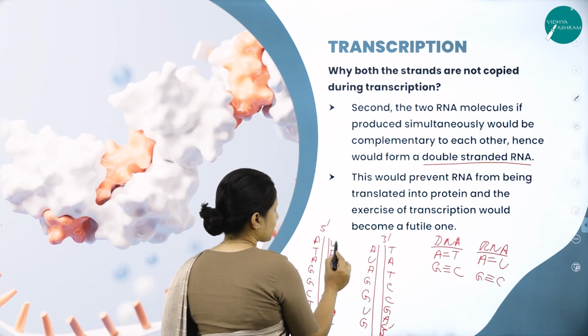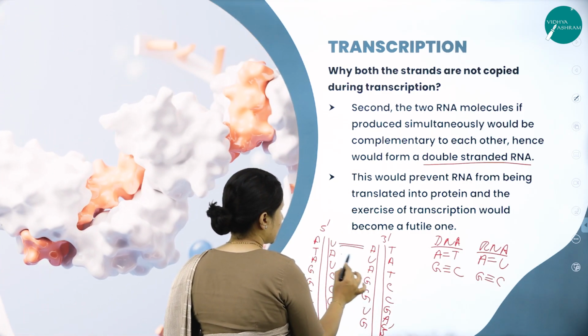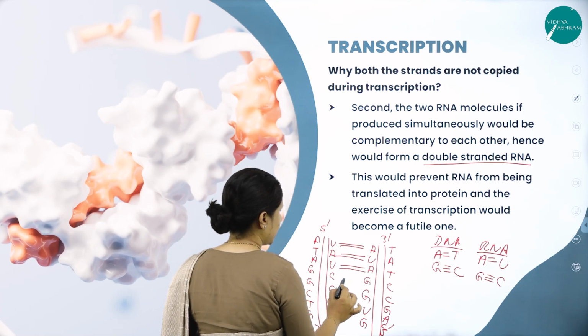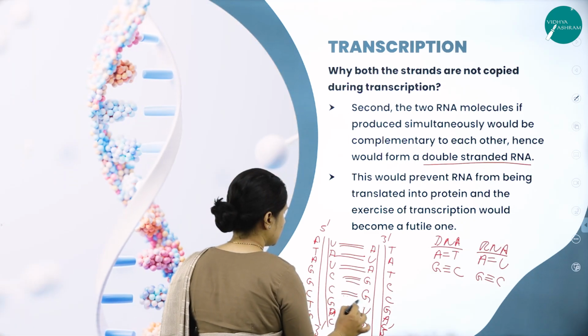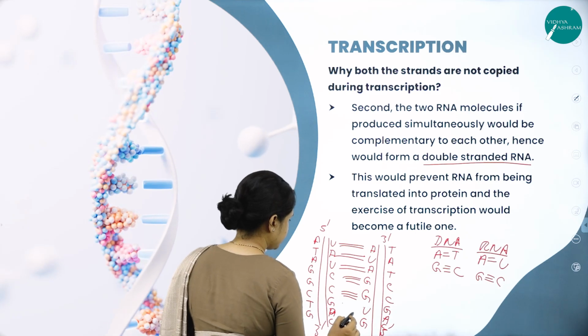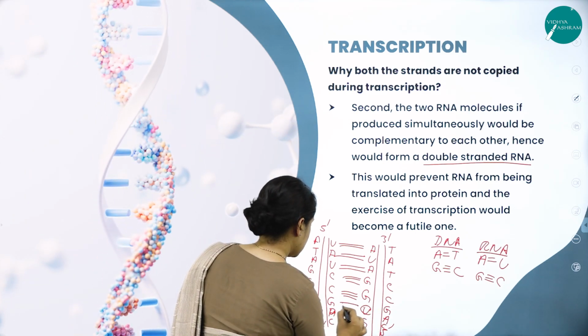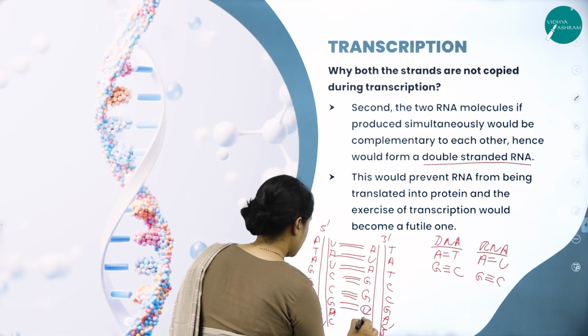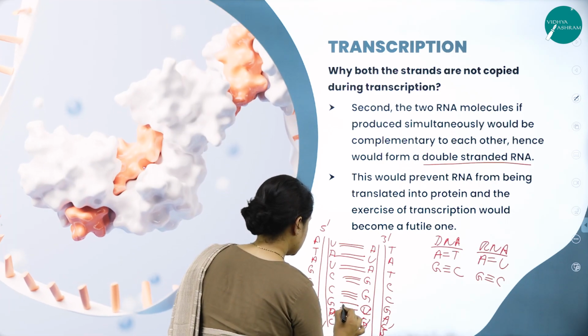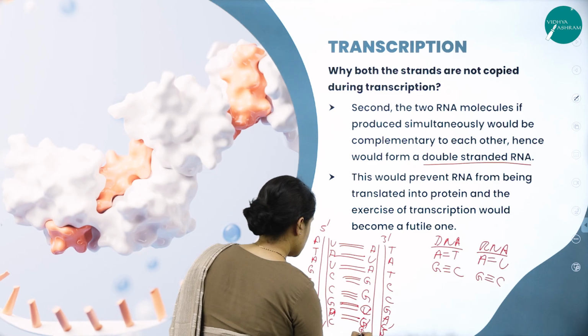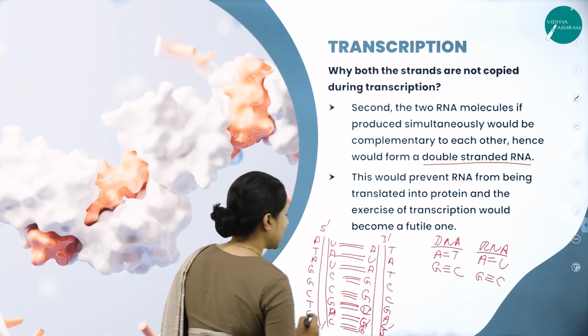So this can base pair. This can also base pair, this will base pair, this will base pair, this one. Then with this G, C here, and then again U, then again one more G. So this is how they will base pair.